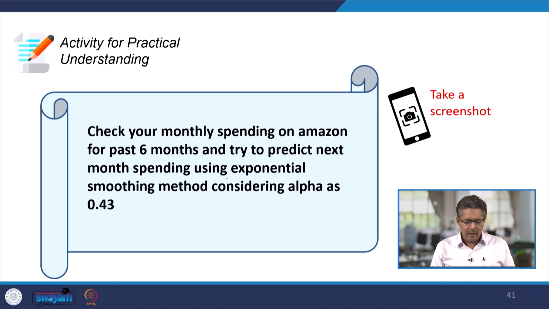Why only one? Using all the three methods, right? Maybe you can take the same weights. If you use a weighted moving average, use the same weights of 3, 4, 5, 2, and if you want to make it different, then you can use your own weights also, no issues, right. So, this is a practical exercise that you please do it and try to complete it.